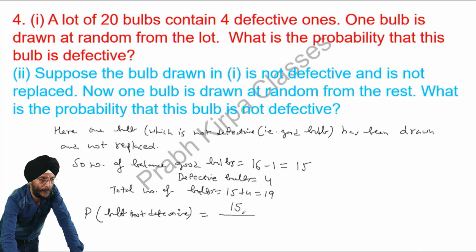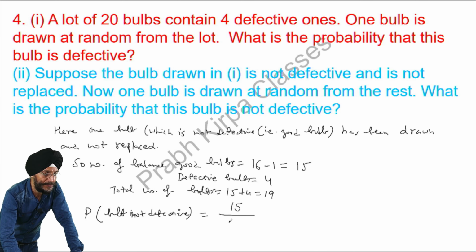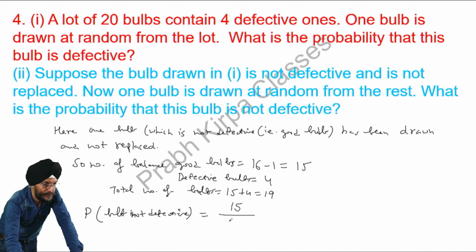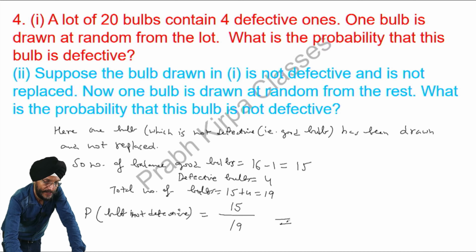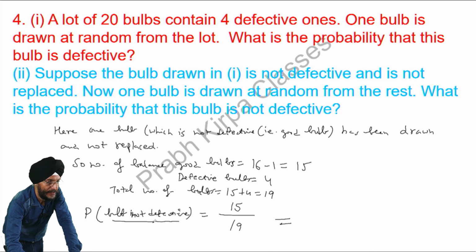So here the number of bulbs which are in good condition are 15, and the total number of outcomes, or the total number of bulbs in the new scenario, are 19. So this is the answer before you. We can also write in here that probability of getting a good bulb.